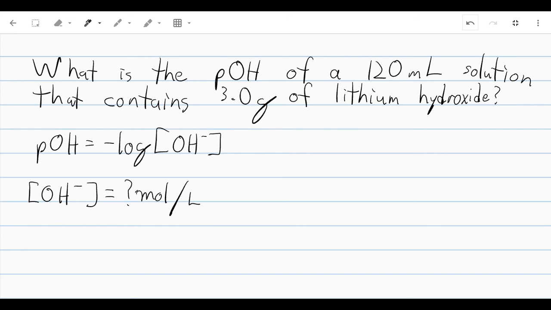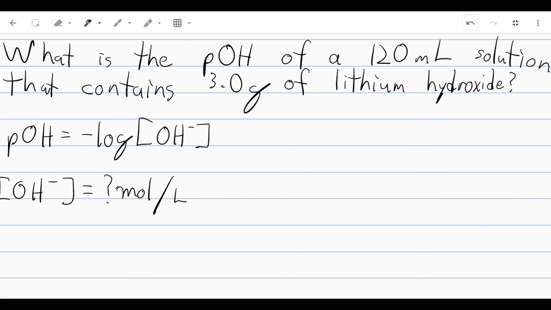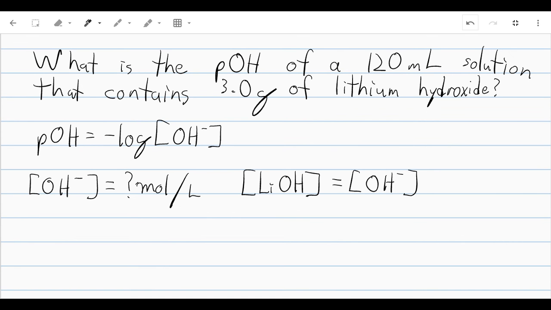Now, we're not told the hydroxide ion concentration directly, but lithium hydroxide has the formula LiOH. So the concentration of the lithium hydroxide and the concentration of the hydroxide ions will be the same. You do need to be careful about this. Not every base has the same concentration for the original compound and the hydroxide ions.